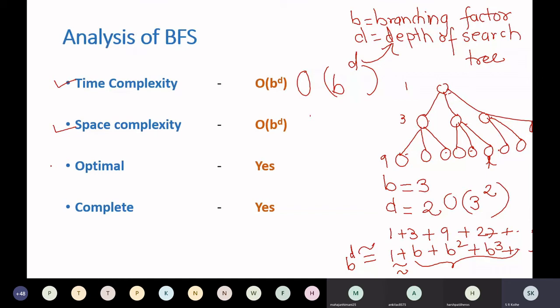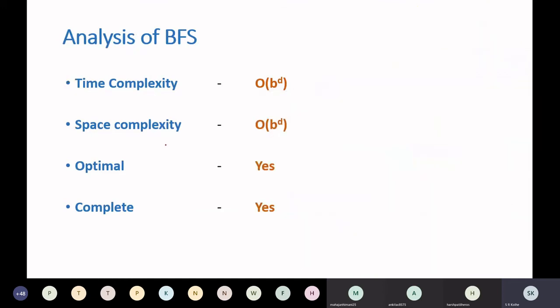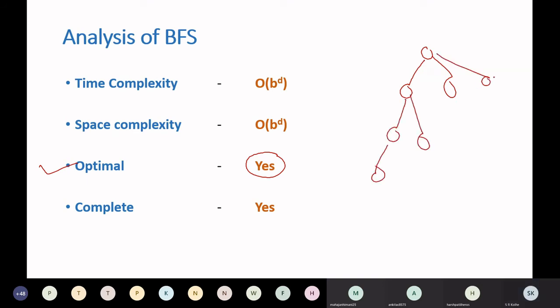Is it optimal? Optimality refers to, will it return the least cost solution? It is optimal, because if you compare, for example, consider this case. Suppose this is one of the goals G3 and this is one of the goals G2.